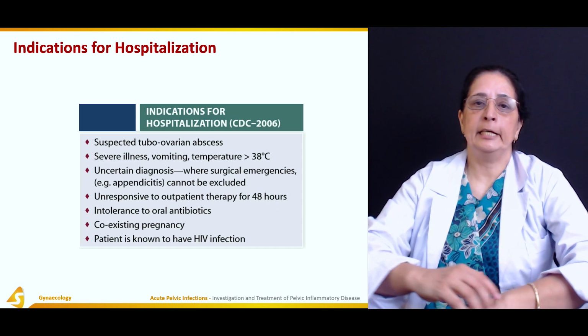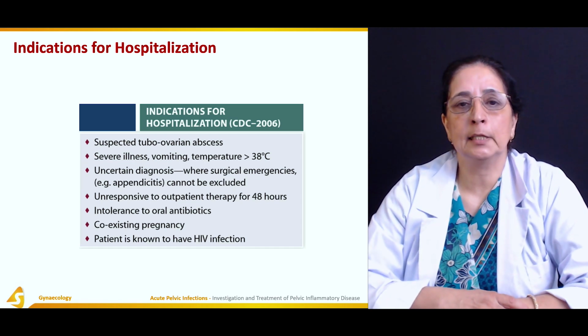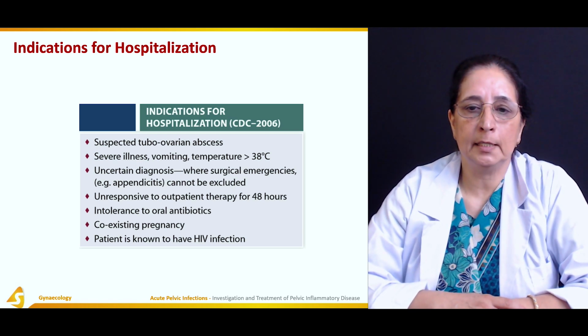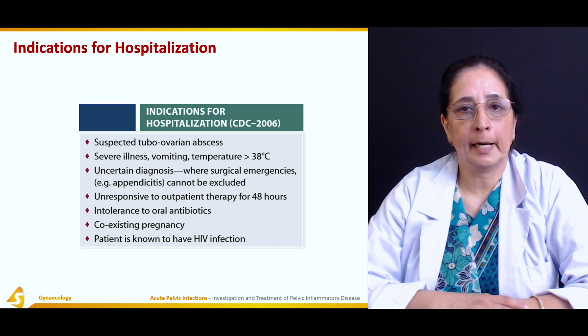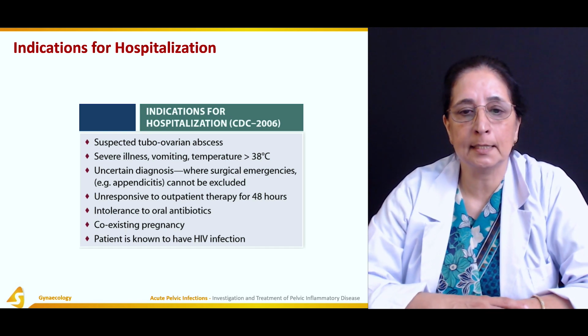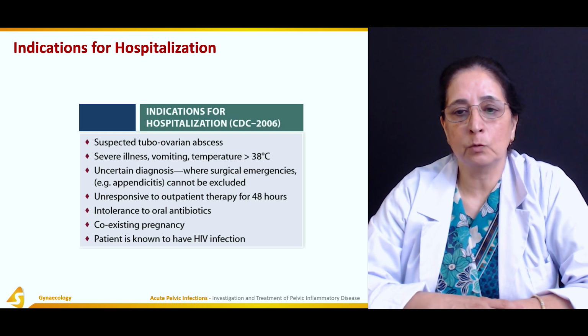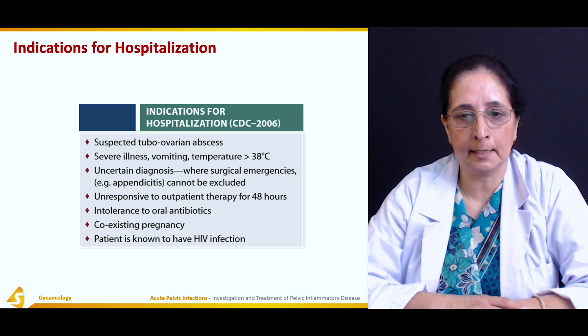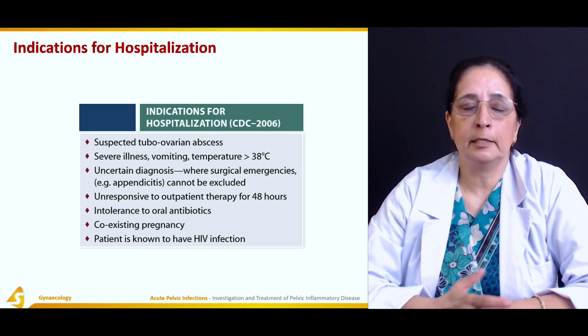Next, what are some indications for hospitalization of the patient with pelvic inflammatory disease? One is suspected tubo-ovarian abscess, severe illness, vomiting, temperature more than 38 degrees Celsius, or an uncertain diagnosis.